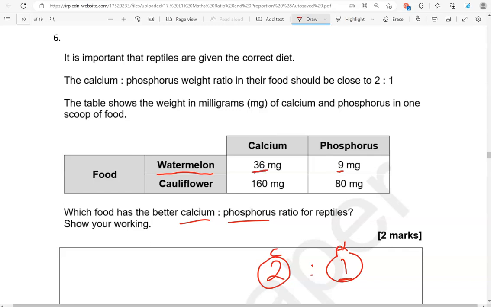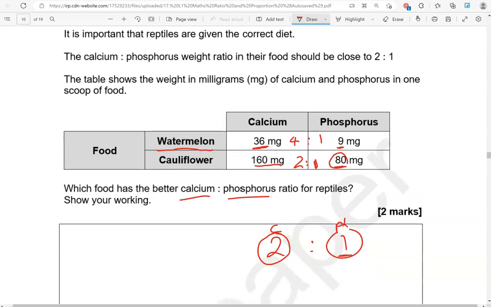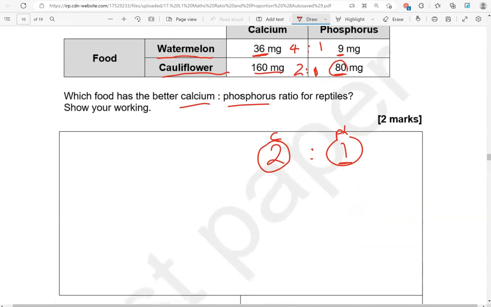This is not 18, this is 4 times 9. So this is a ratio of 4 to 1. 80, double 80, that is 160, so that is a ratio 2 to 1. So cauliflower wins.